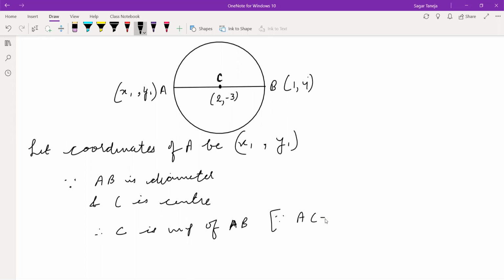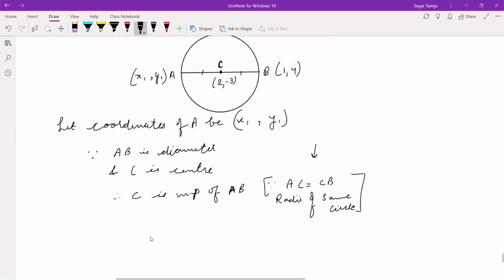Since AC will be equal to CB, radii of the same circle. This you don't even need to write, but you can write it if you want, just to make it clear why it is happening. So AC and CB are equal because these are the radii of the same circle. C is the center, so it is exactly the midpoint of AB. In this way, we can apply the same formula.